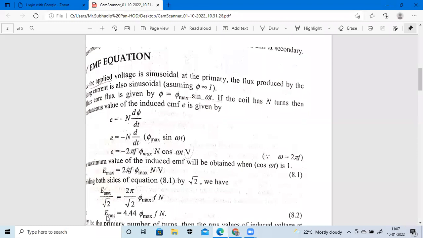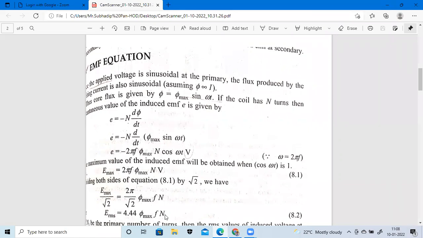Similarly, you may find it for the secondary side, E suffix 2 RMS equal to 4.44. Flux maximum can also be represented as maximum flux density into area, which I mentioned a few minutes earlier.